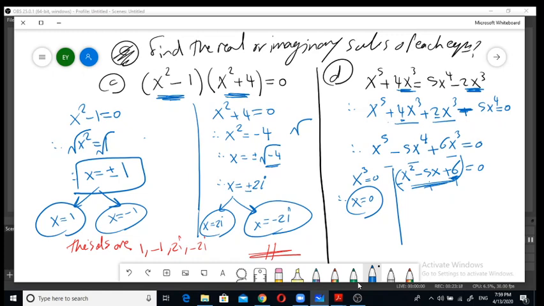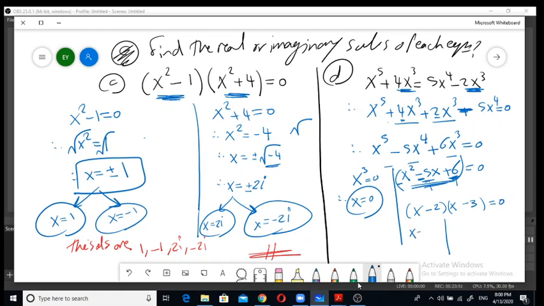So we have two brackets equal to 0. 6 times 1 or 3 times 2, that's 6. But we need the sum with the negative sign. So we can write negative 2 and negative 3. Negative times negative is positive, 3 times 2 is 6. Negative 3 plus negative 2 will give us negative 5.